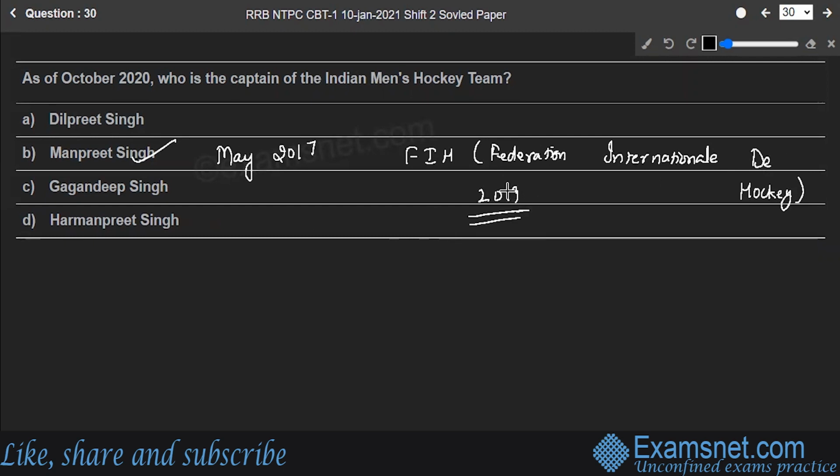Under Manpreet's captaincy, the India team won the Asia Cup in 2017 and the Asian Champions Trophy in 2018. So we have option B as the correct answer to the question. See, if we talk about Manpreet Singh in more detail, he was the country's flag bearer at the opening ceremony of the Tokyo Olympics. Rani Rampal is the captain of the Indian women's hockey team.